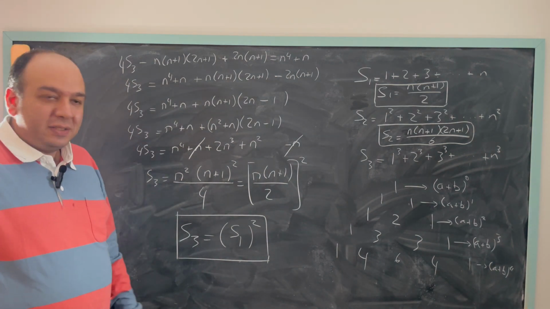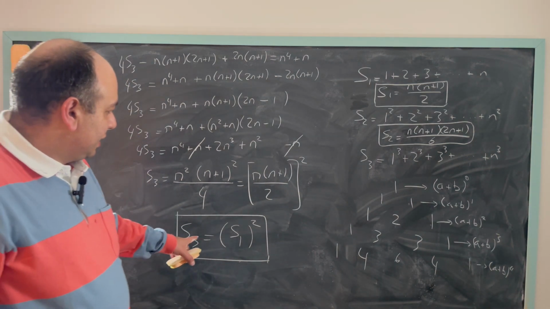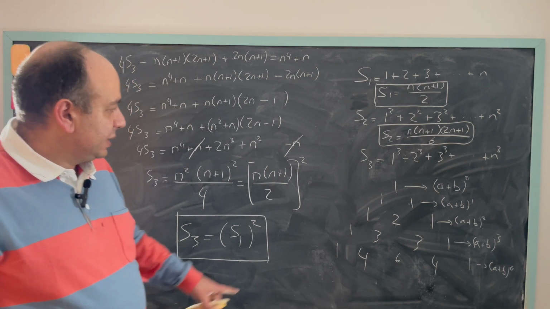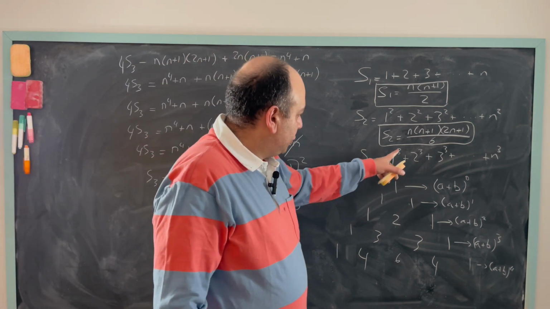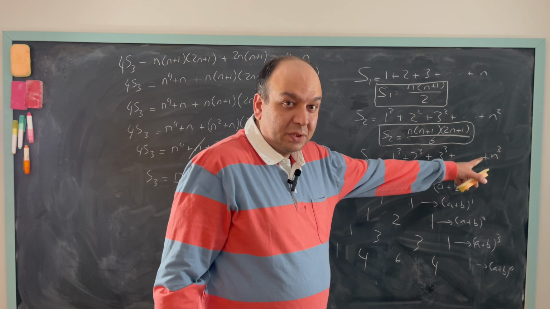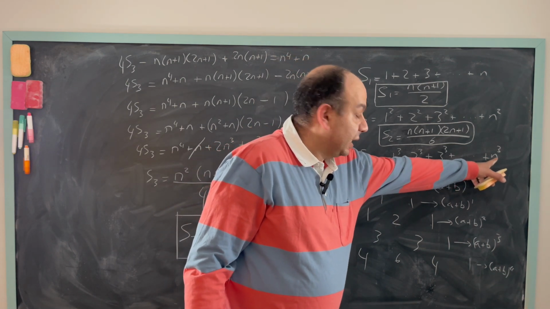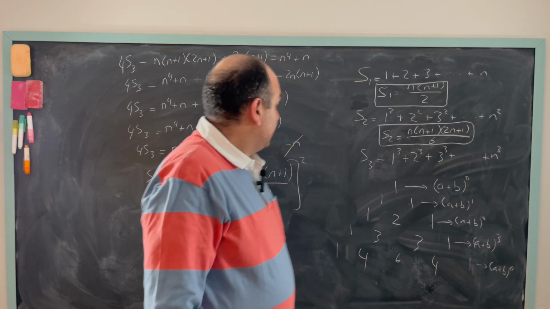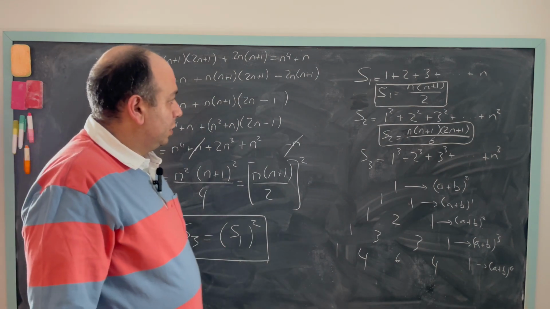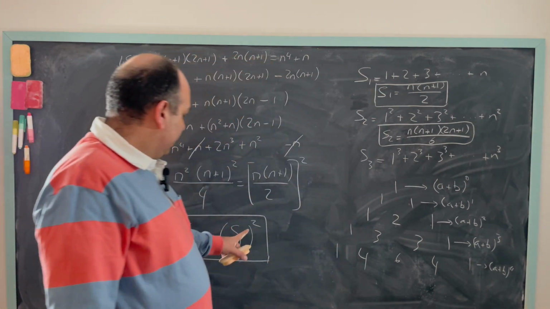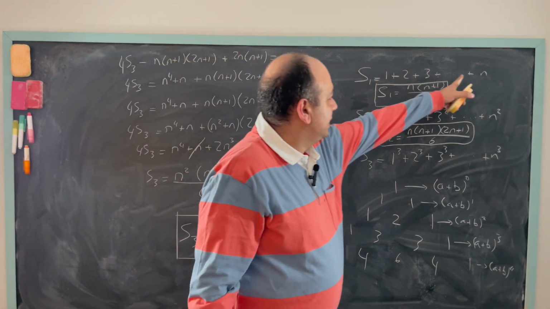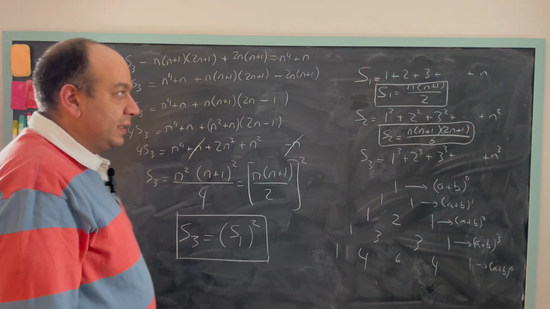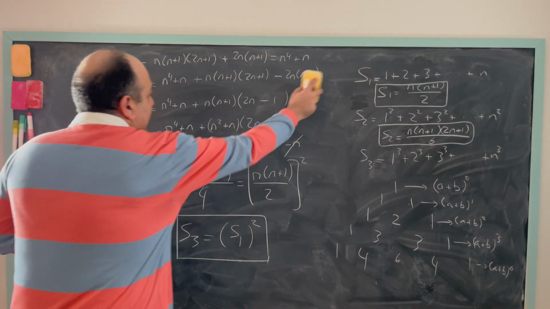This is quite interesting, right? So what does this tell me? This tells me that if I add the cube of these numbers all the way to n cubed, this is nothing but equal to the square of the sum of all these numbers all the way to n. Okay, so I'll just put it here.